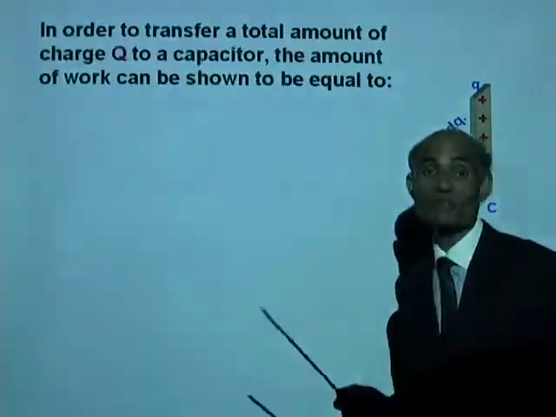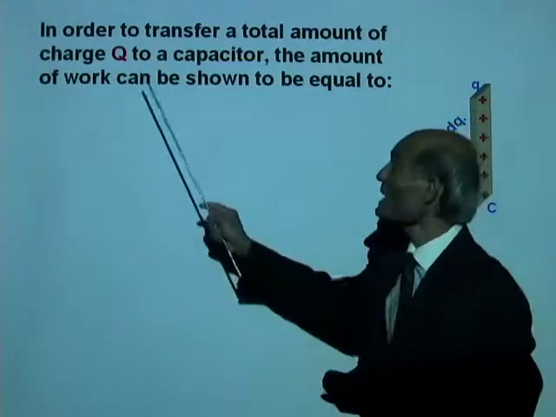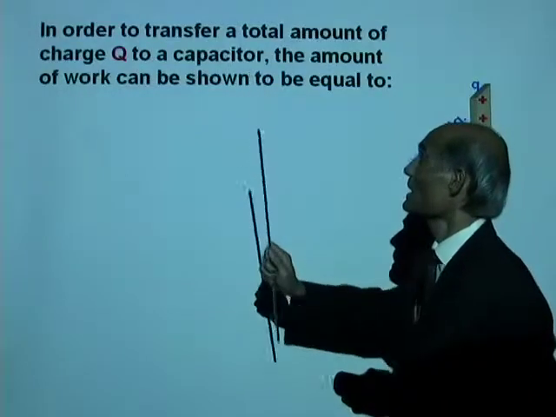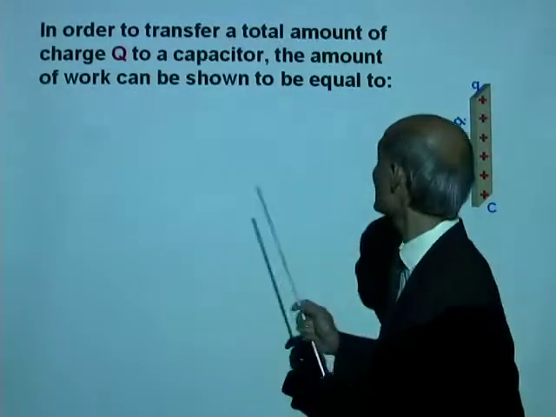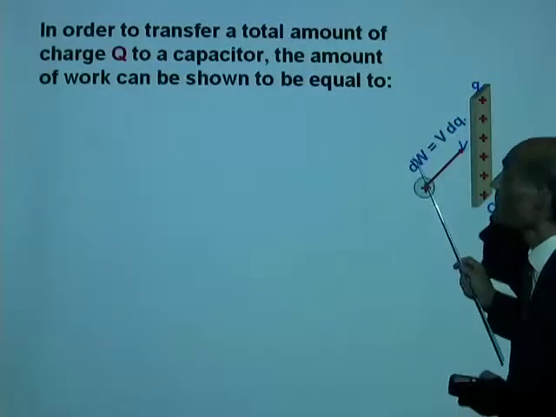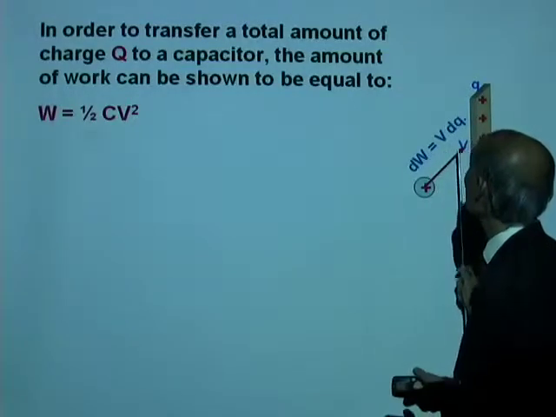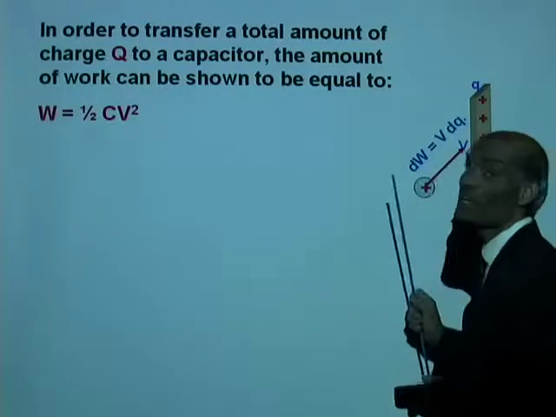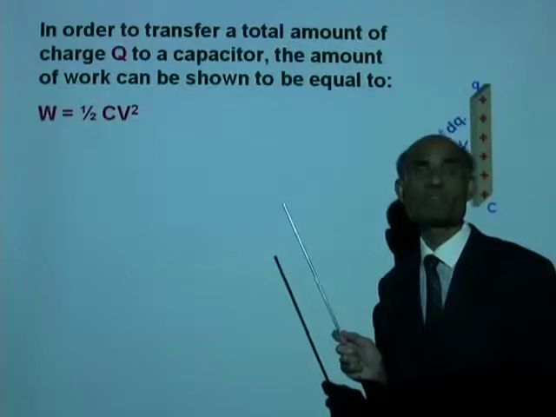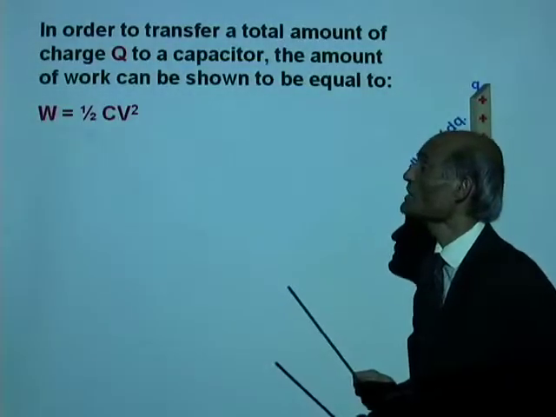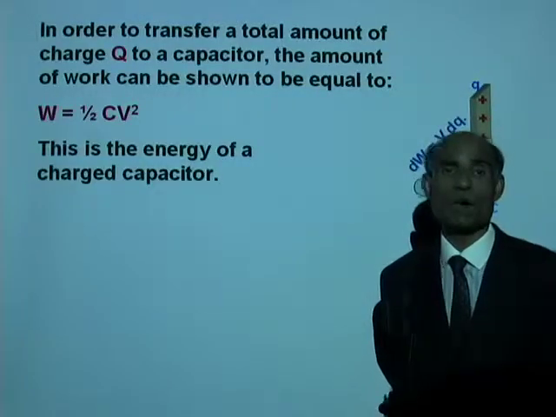In order to find the total work to transfer a total amount of charge Q to a capacitor, the amount of work can be obtained by integrating dW, from, say, V1 to V2, as the potential increases from V1 to V2. And we can show that it is equal to 1/2 CV squared.